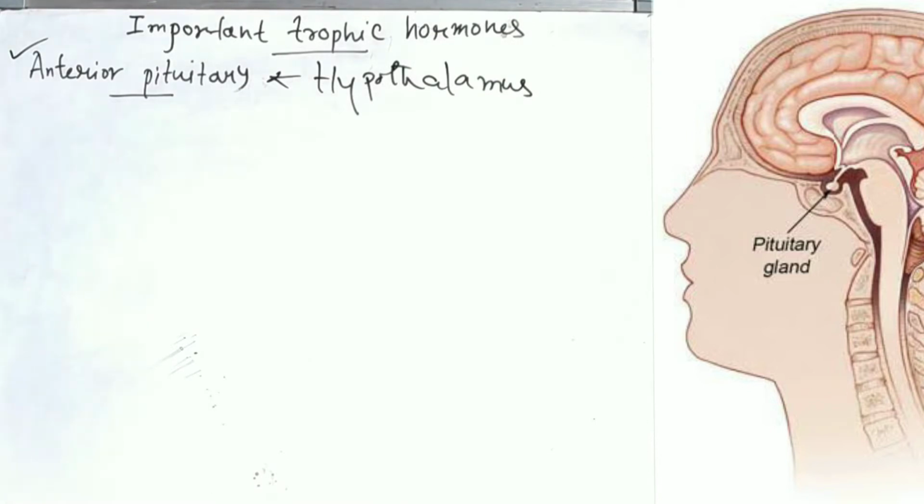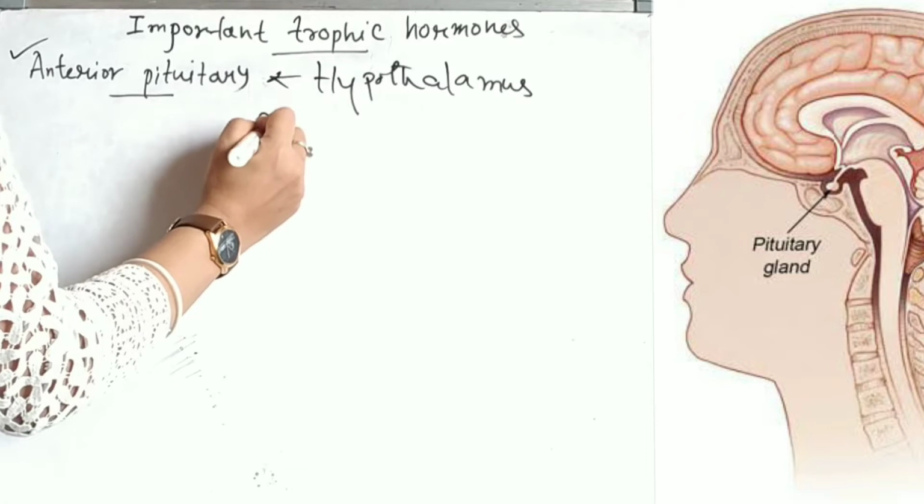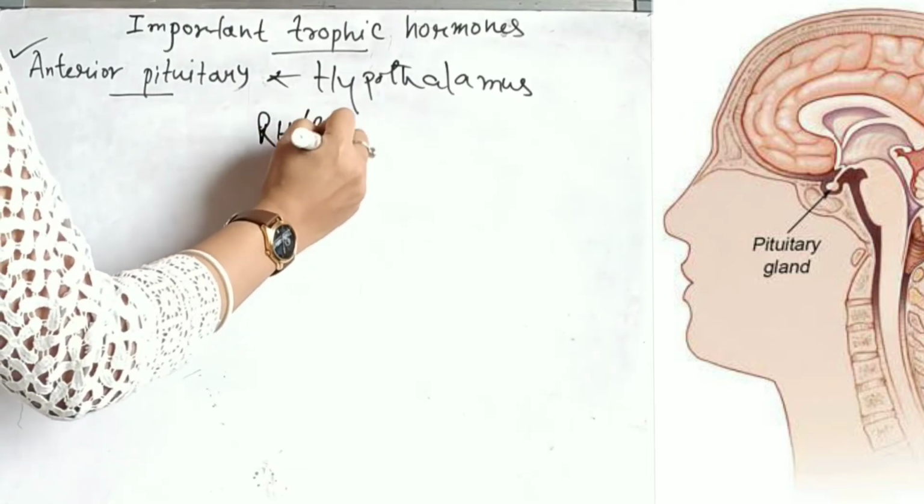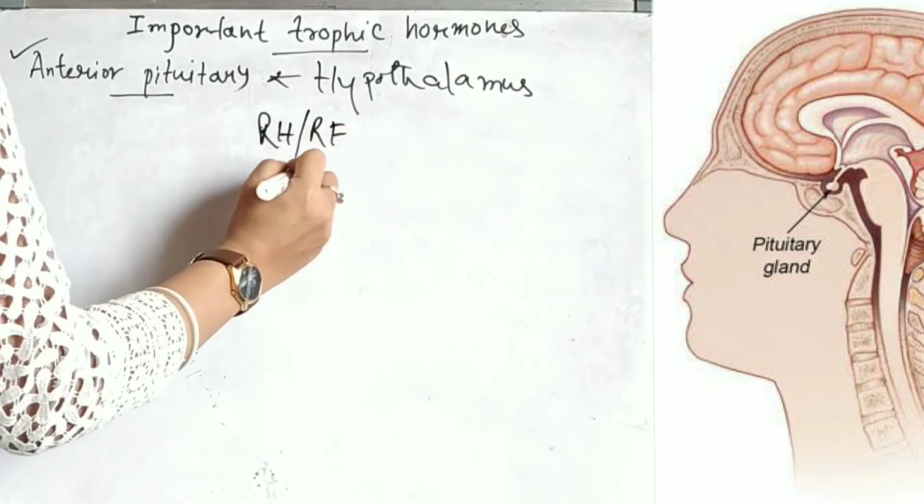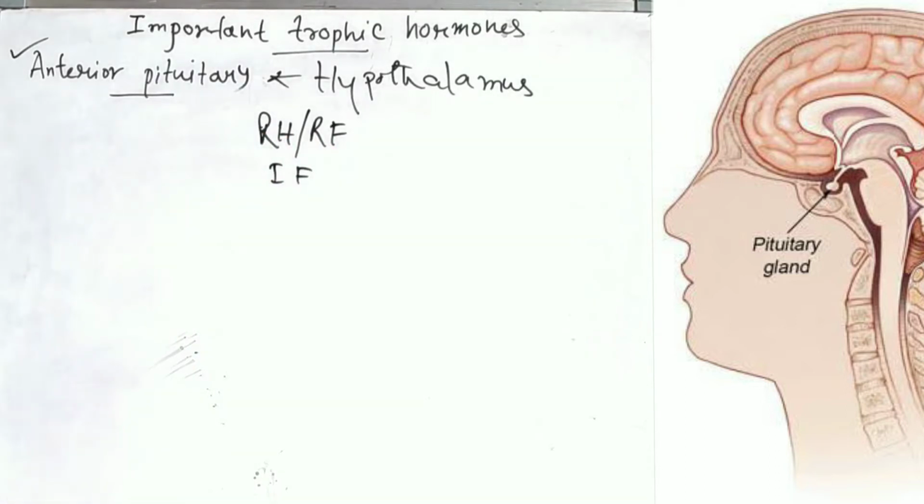By releasing numerous hormones, or we can say releasing factors and also inhibitory factors. Different kinds of releasing factors released from the hypothalamus stimulate the cells of the anterior pituitary, and then the trophic hormones are released.